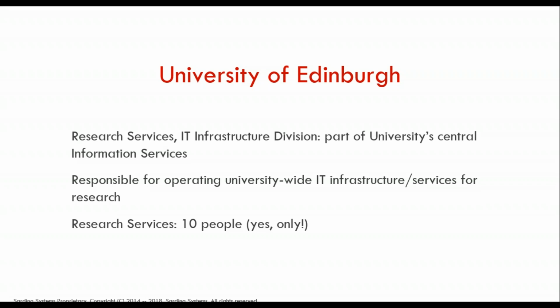This part of the organization is responsible for operating the university's IT infrastructure for research, which in the university's terms basically means everything other than the pure admin workloads. So pure admin workloads would be, for example, payroll, timetabling, etc.